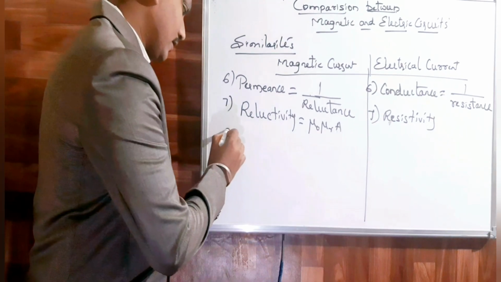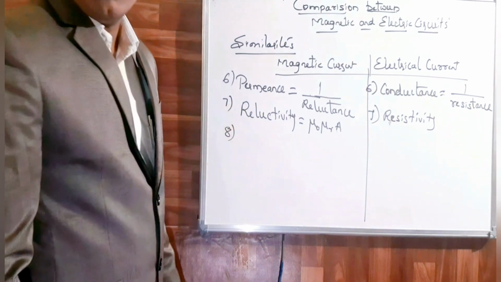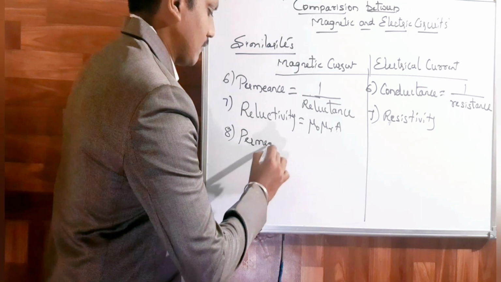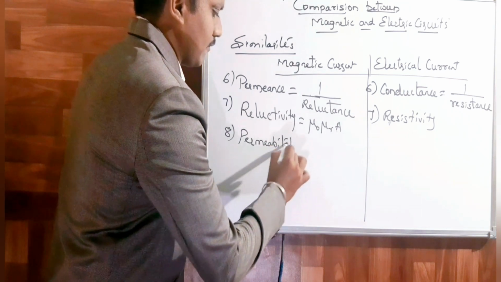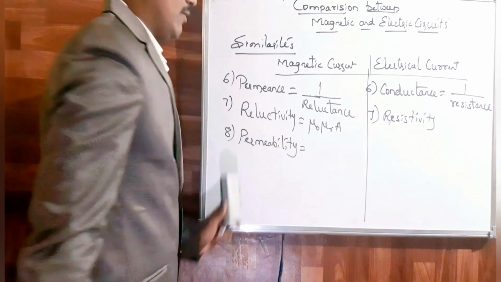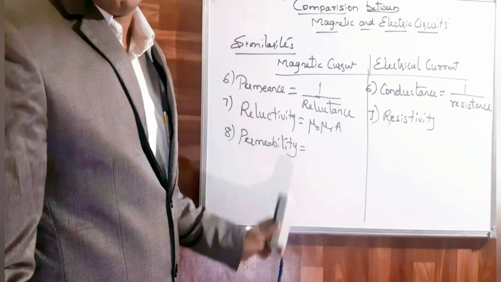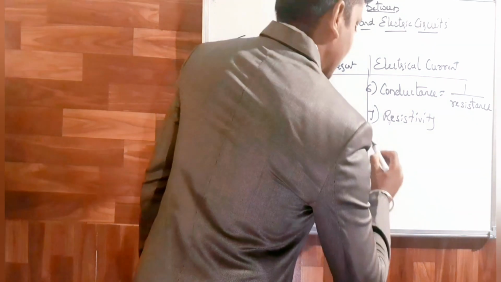And finally, the eighth point, we have permeability in the magnetic circuit, and here we have conductivity.